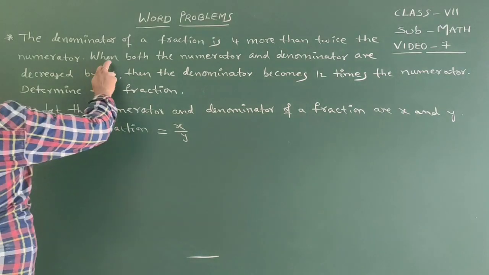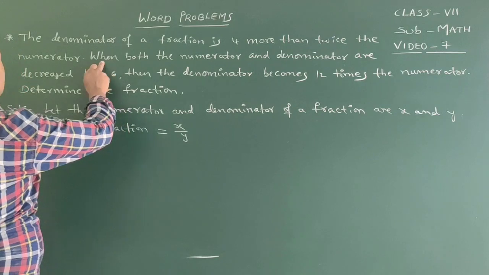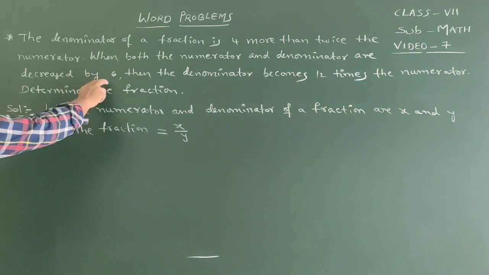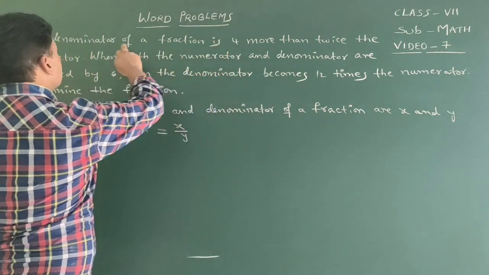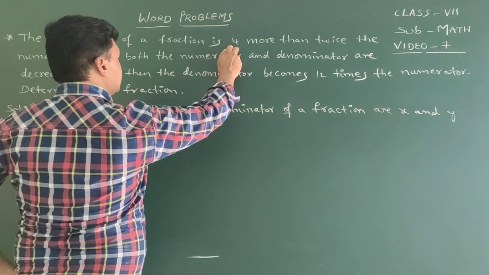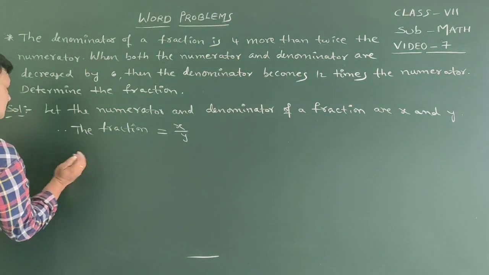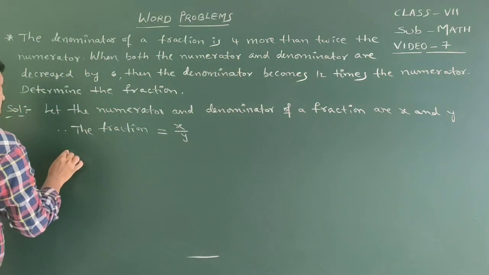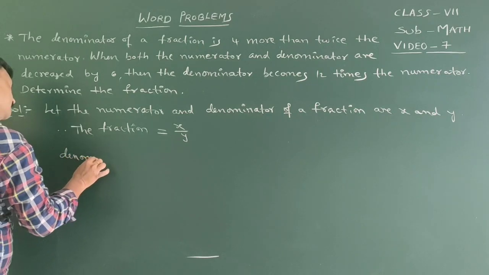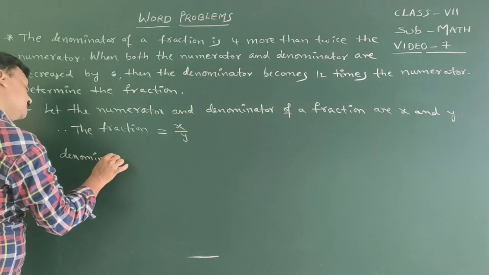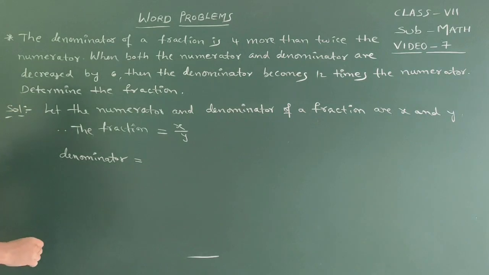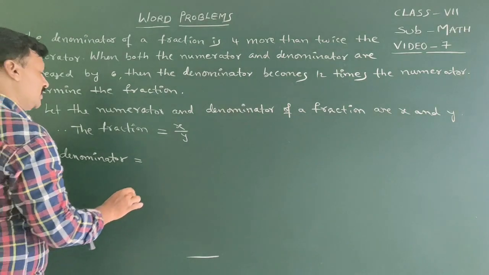According to the first condition, before decreasing both by 6, the denominator of the fraction equals 4 more than twice the numerator.